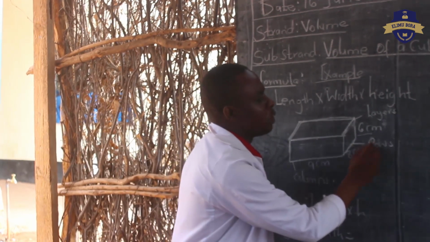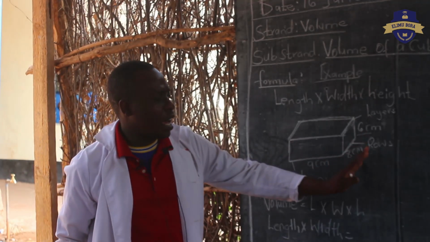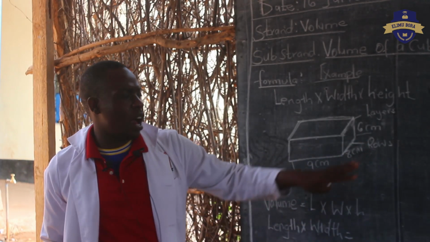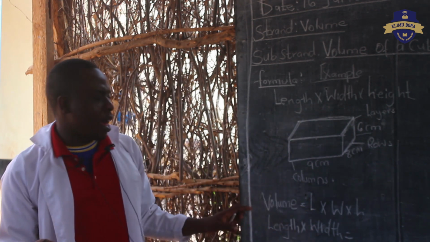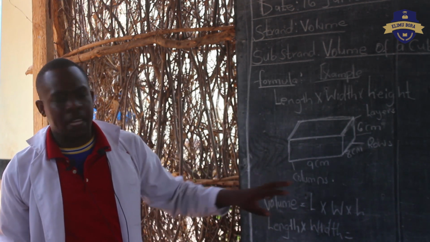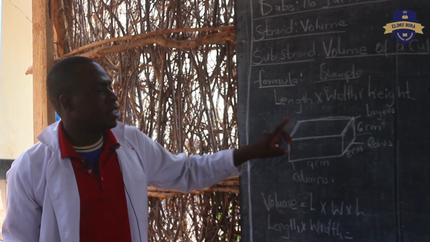Here we have a row, which we can refer to as 8 centimeters. And from there, we have this 9 centimeters, which is the length.